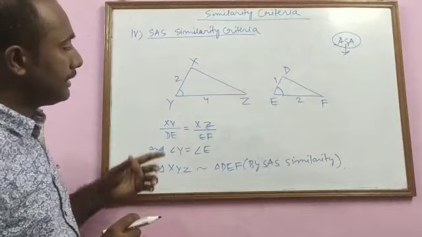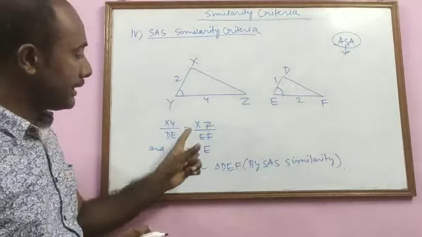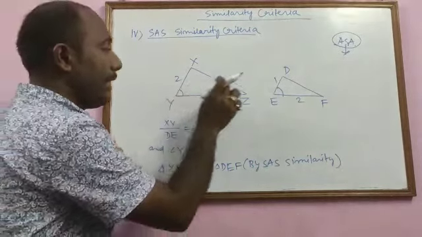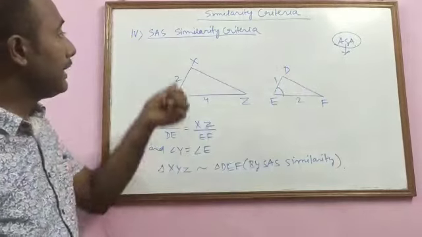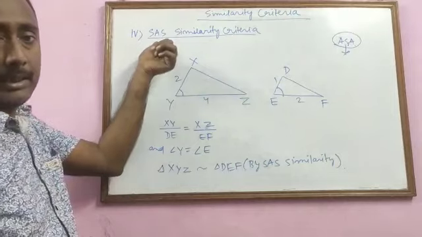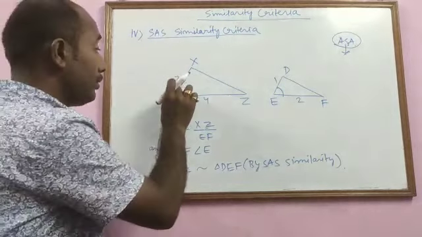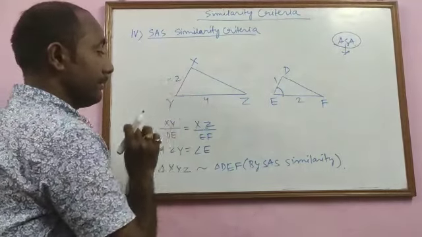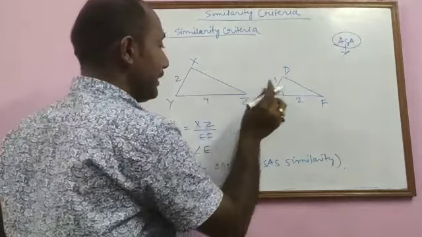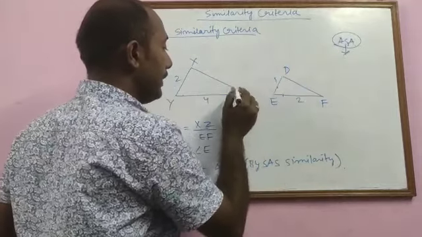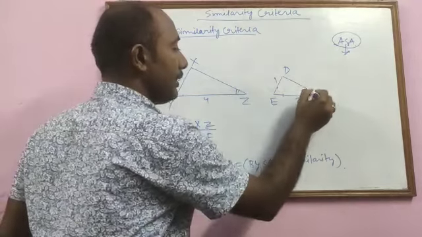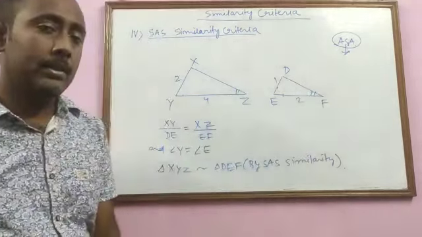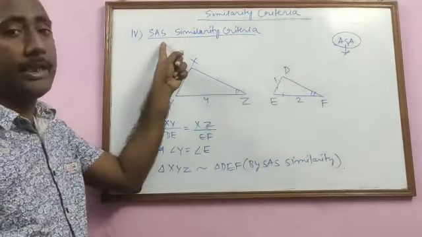Suppose the sides are proportional is given to you, and instead of angle Y equal to angle E, angle Z equal to angle F is given, then we cannot use SAS similarity criteria. Why? Because in this situation you cannot use SAS.